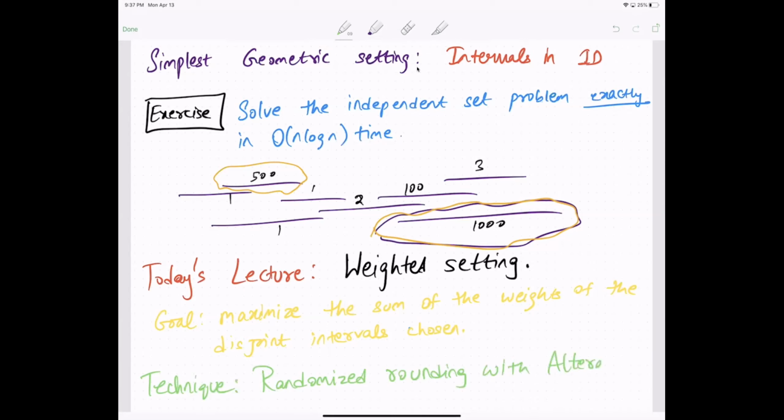So randomized rounding is well known in approximation algorithms. After writing an LP, you do that. But this alteration is kind of a more recent thing that has come up. So we'll illustrate this technique on this very simple setting of weighted intervals. So that's the goal of this lecture.